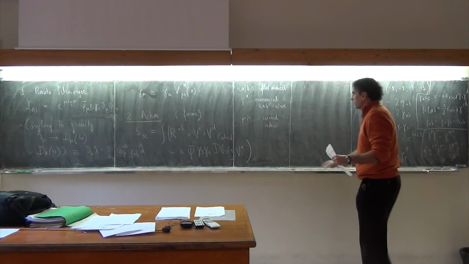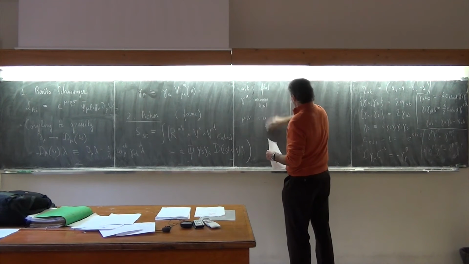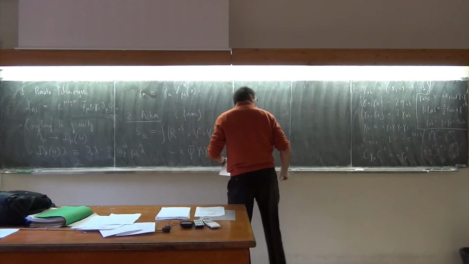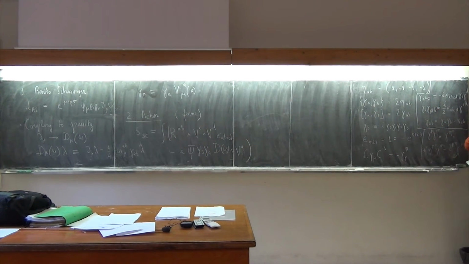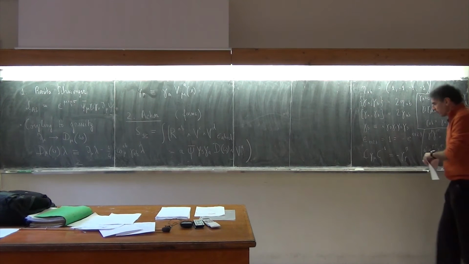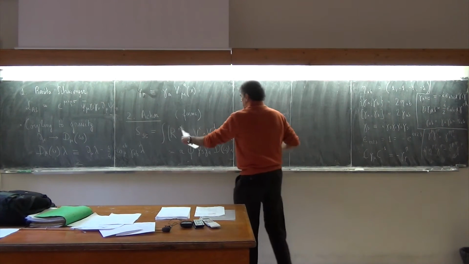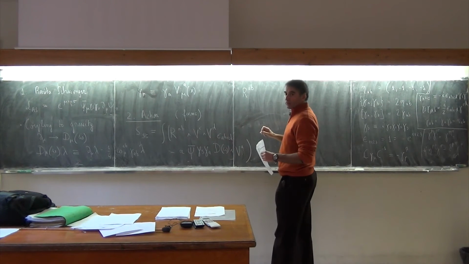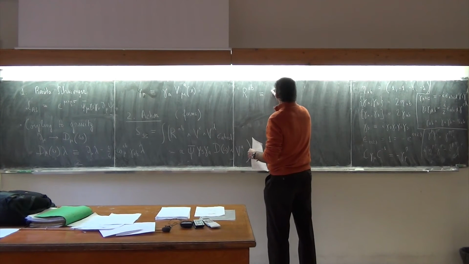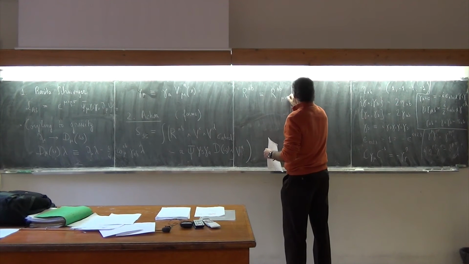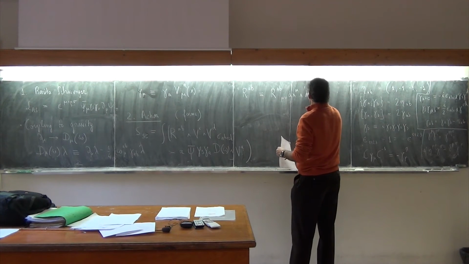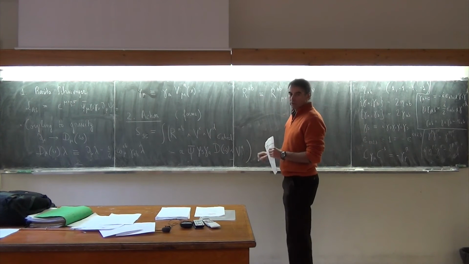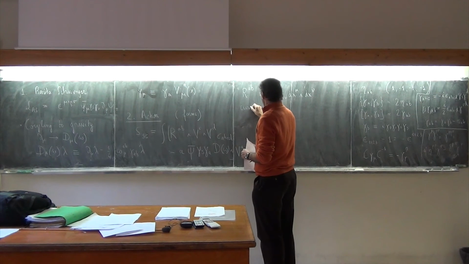And the symbols are defined as follows. Okay, the first symbol is this R AB. R AB is really, by definition, a two-form, called the curvature two-form.